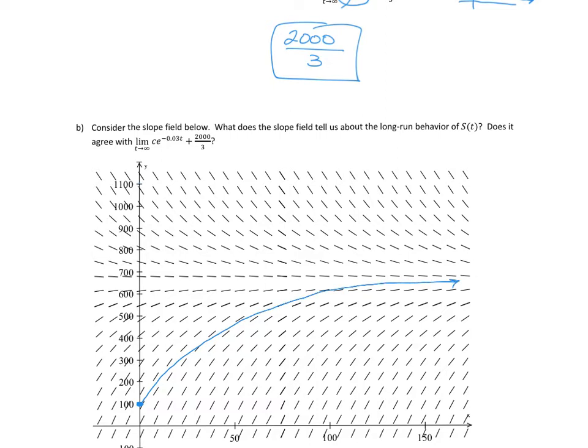If you start with 1100 grams of sugar, it seems to be coming down like that. The value they're all approaching is about 2000 thirds, that's 666 and 2/3 grams of sugar. So it does agree with the limit we calculated.